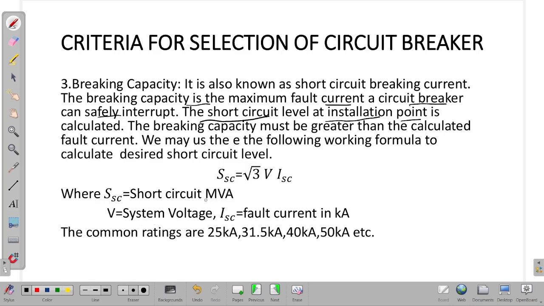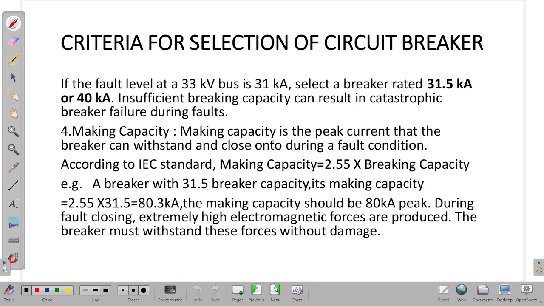The common ratings are 25 kiloampere, 31.5 kiloampere, 40 kiloampere, or 50 kiloampere. If the fault level at a 33 kV bus is 31 kiloampere, we select the breaker rated at 31.5 kiloampere, or we may select 40 kiloampere.